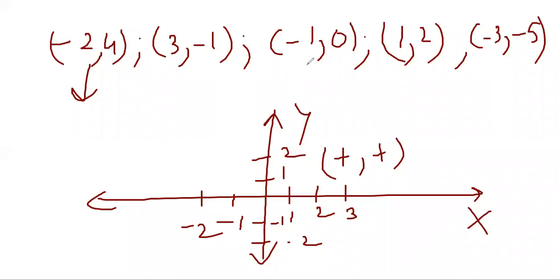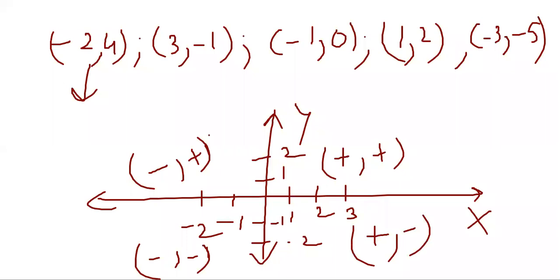Second quadrant, x negative, y positive. Third quadrant, x negative, y negative. Fourth quadrant, x positive and y negative. Right?